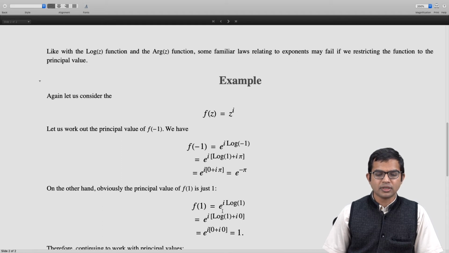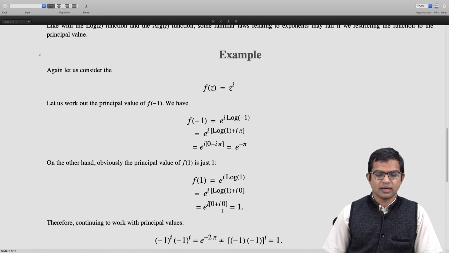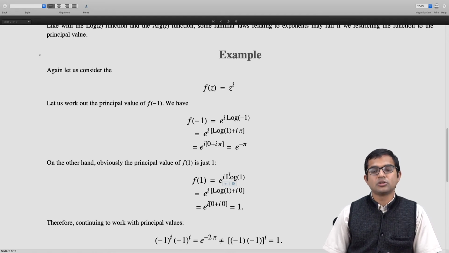So the key point is that if I take (-1)^i times (-1)^i, and take the principal values, I would get e^(-π) times e^(-π), which is e^(-2π). But this is not going to be equal to the product of these two numbers raised to the power i.